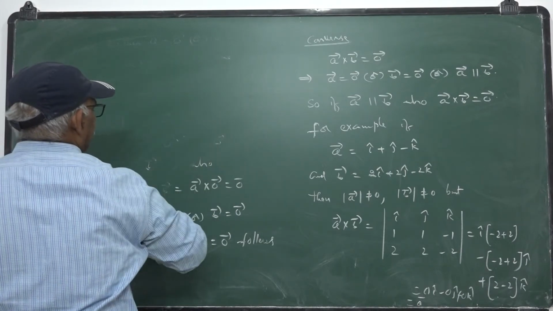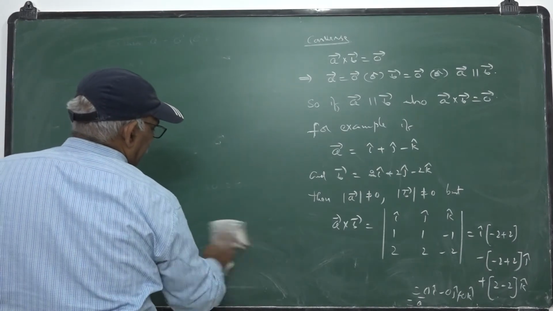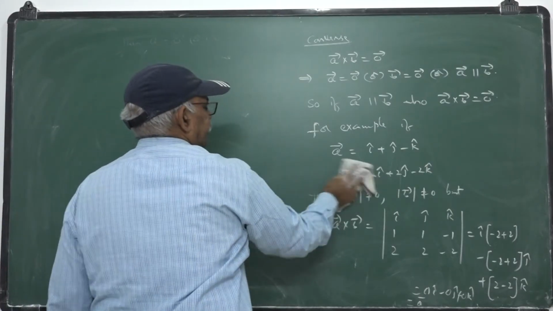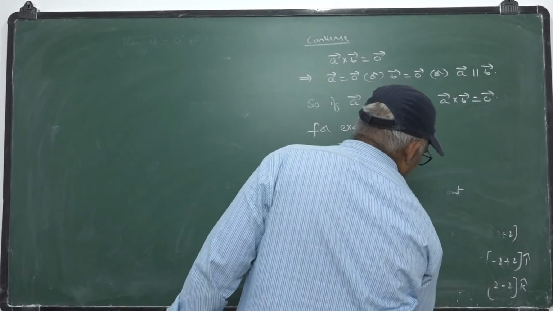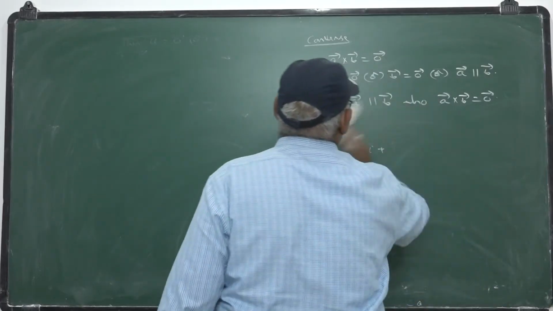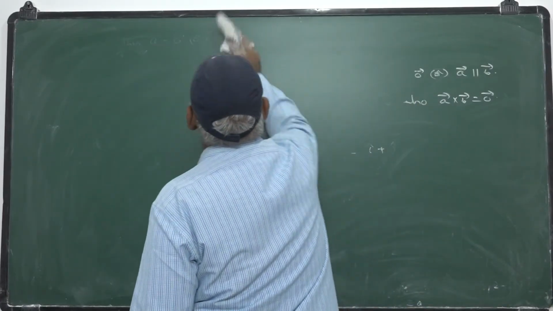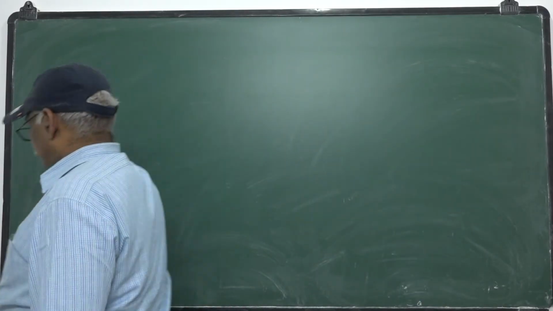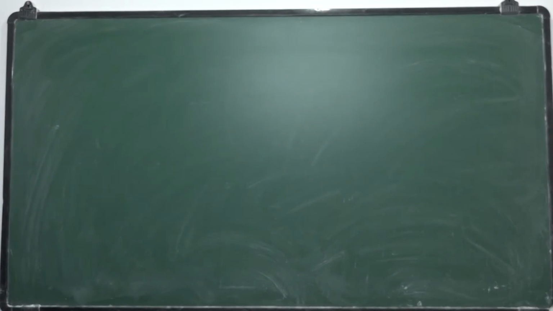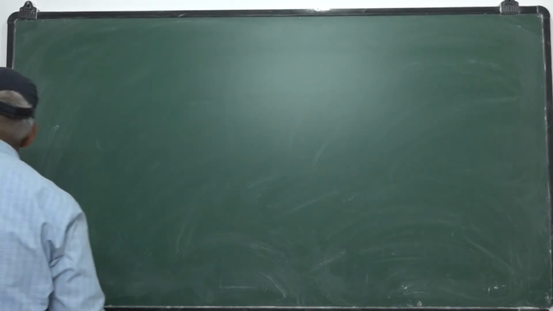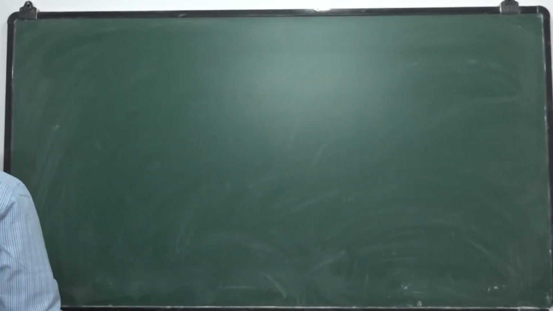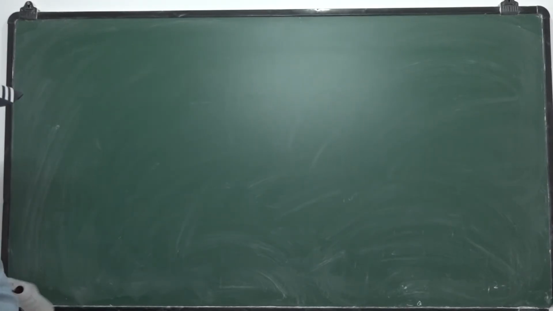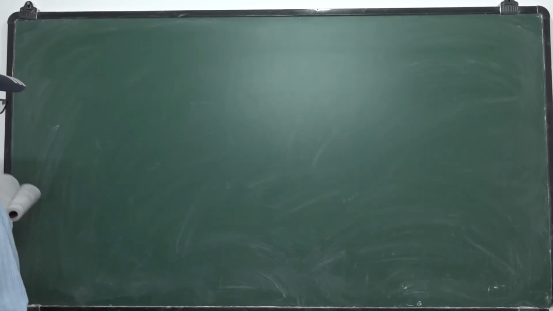You can take any example of parallel vectors. So the converse of 'A bar cross B bar equal to 0 bar implies A bar is 0 bar or B bar is 0 bar' may not follow.